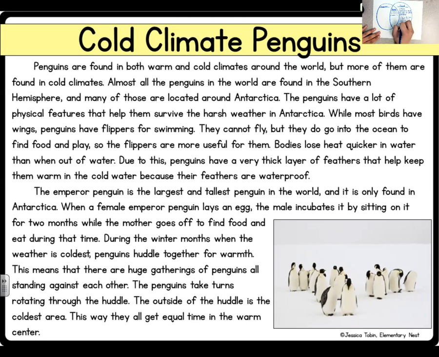This means that there are huge gatherings of penguins all standing against each other. The penguins take turns rotating through the huddle. The outside of the huddle is the coldest area. This way they all get equal time in the warm center. So they take turns so they can be warm.